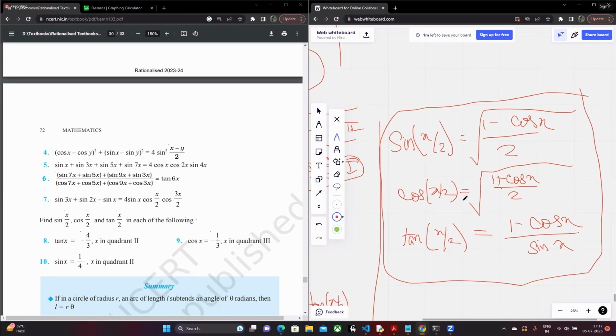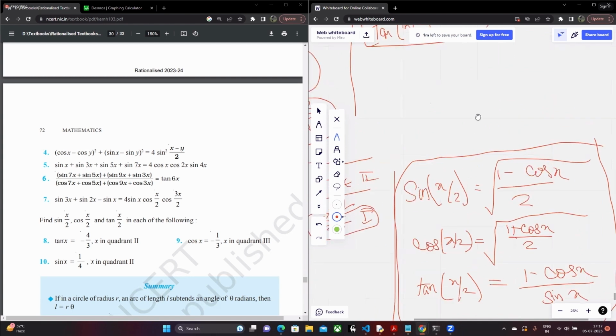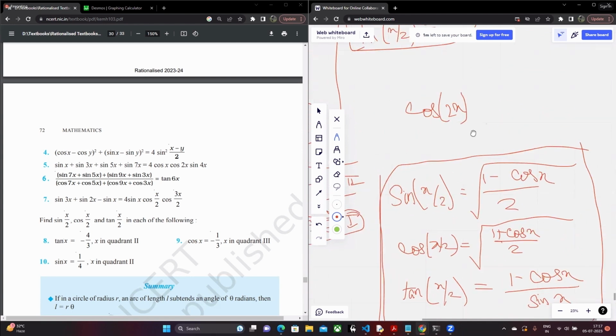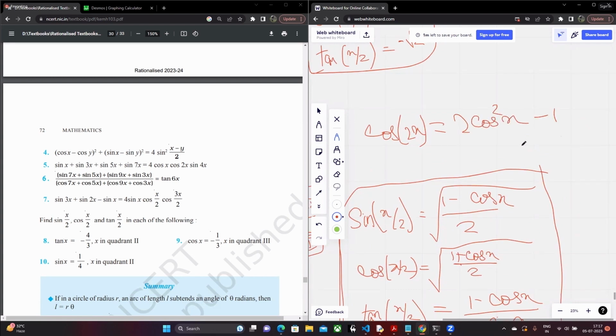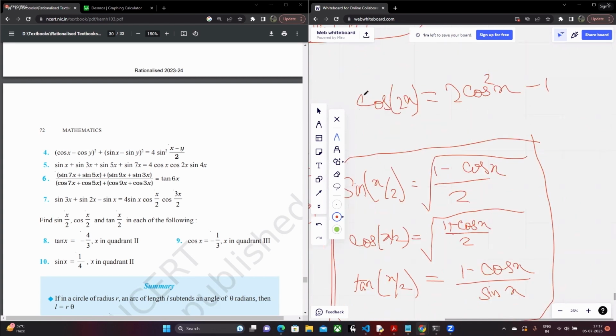But the cos form is way, way easier. And how you get this is from the cos 2x formula. That is the easiest method. Cos 2x is equal to 2 cos squared x minus 1. So from this, 1 plus cos 2x by 2 is going to be cos square x, or 1 plus cos 2x by 2 whole under root is going to be cos x.